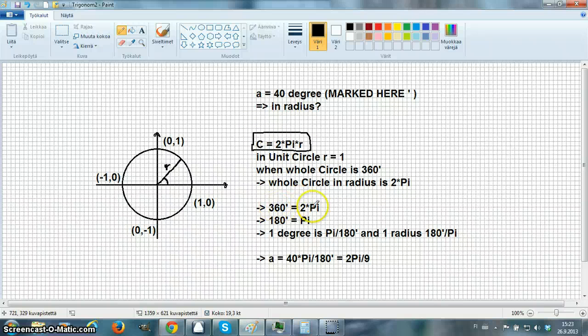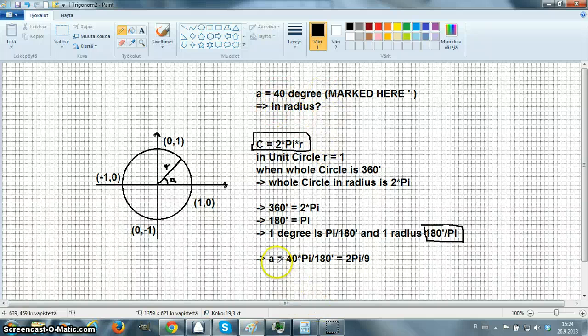Okay, so when the change is 360 degrees is 2π, we can do maths and calculate that 180 is 1π. So 1 degree is π divided by 180, and 1 radian is 180 degrees divided by π. So what is over here now, I assume that it's 40 degrees.